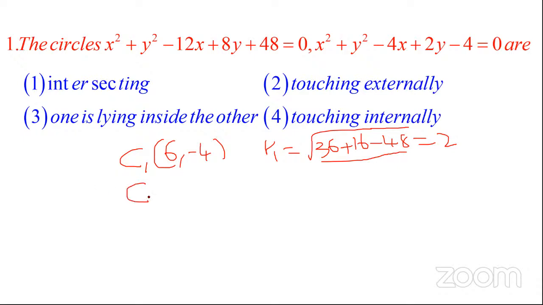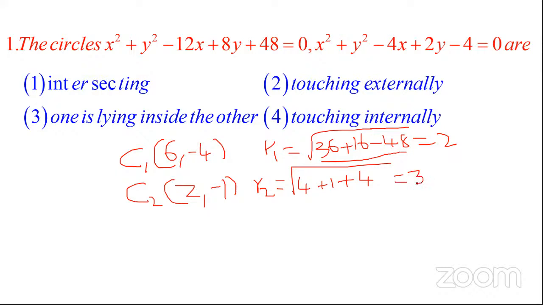Then C2 is 2 comma minus 1. Then R2 equals under root of 4 plus 1 plus 4, which gives 9, and root 9 is 3.